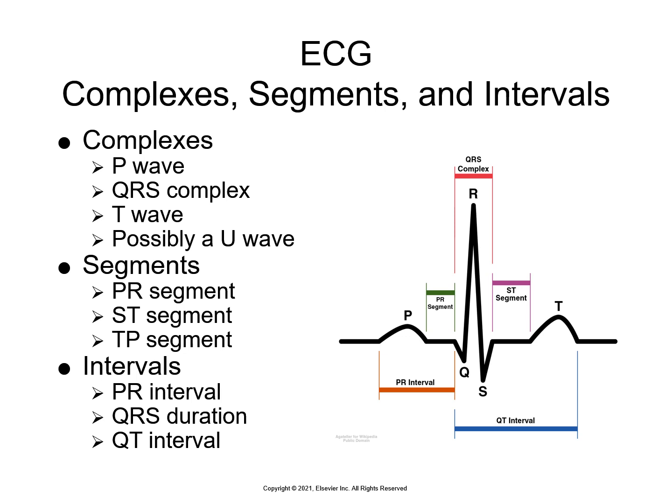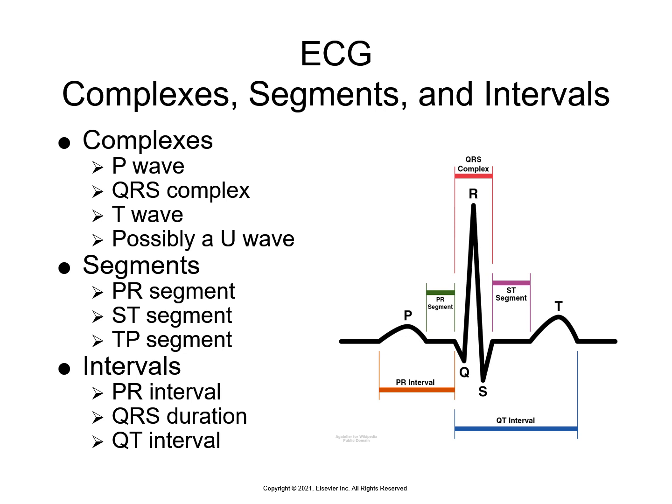Okay, this slide shows you the complexes of the ECG. This is what it looks like, and this defines it. Your complexes are the P waves, the QRS complex, the T wave, and possibly, occasionally you can see a U wave. Now, this complex is this right here.